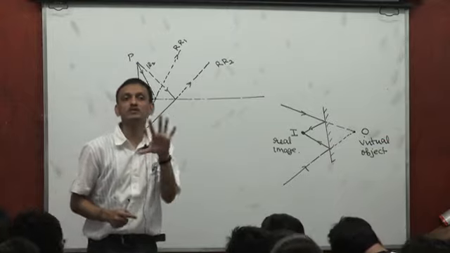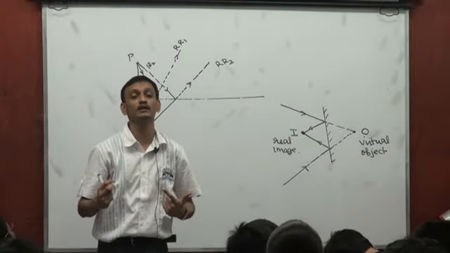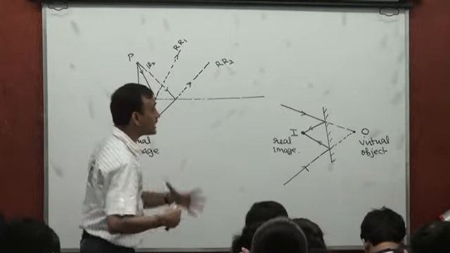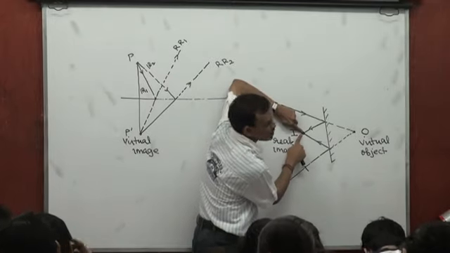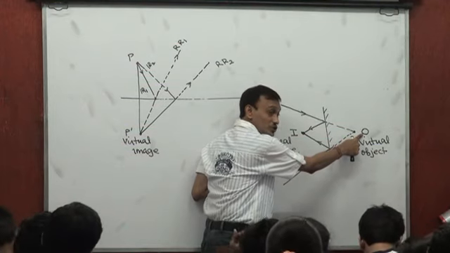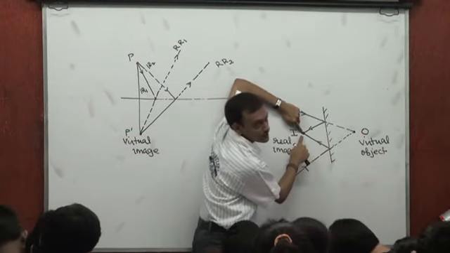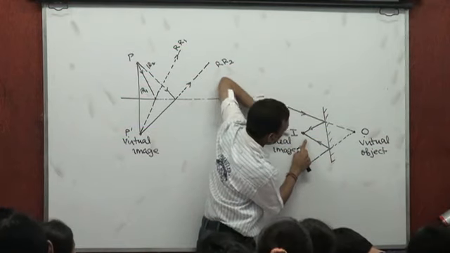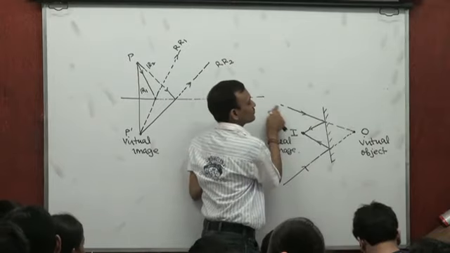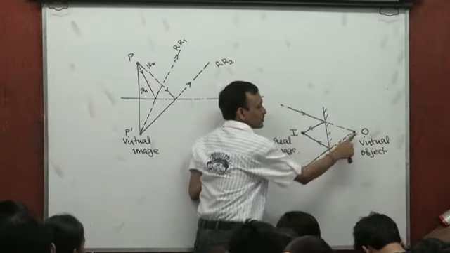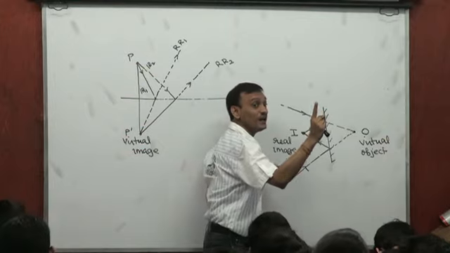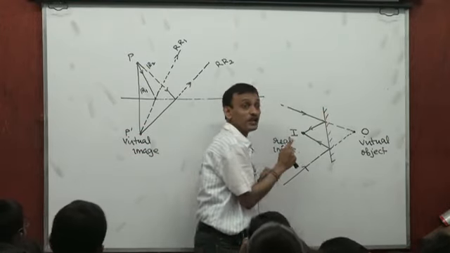And the object and image, because of the principle of reversibility of light, enjoy a conjugate relationship in the sense that now if this was an object and rays of light went this way, then O would be its virtual image. If this was a real object, then by the principle of reversibility this ray would go like this and this ray would go like this, and after reflection they would appear to diverge from O. Then O would be the virtual image of the real object.